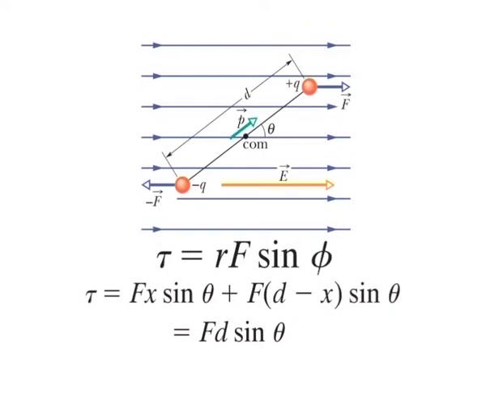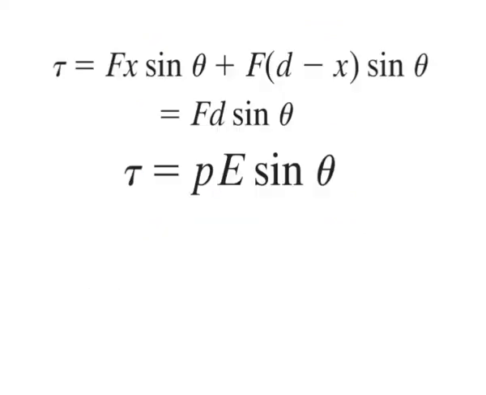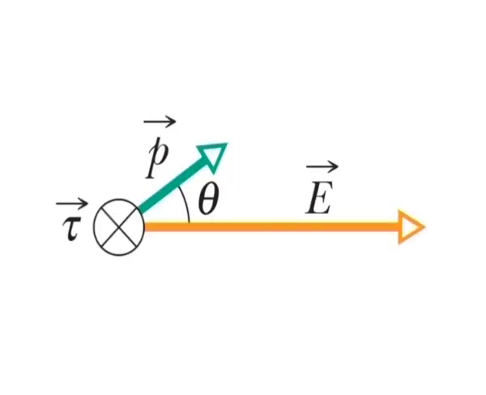To do so, we substitute qE for F and p over q for d in the above equation, finding that the magnitude of net torque is tau is equal to pE sin theta. We can generalize this equation to vector form as tau is equal to p cross E. Vectors p and E are shown in this figure. The torque acting on the dipole tends to rotate p, hence the dipole, in the direction of E, thereby reducing angle theta.